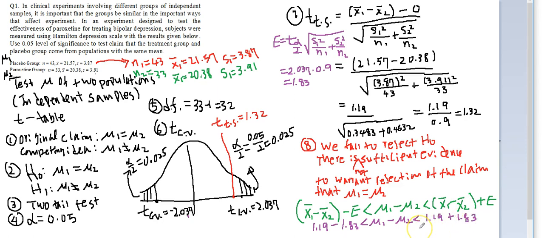Now let's look at the left hand side. We have 1.19 minus 1.83. I have minus 0.64, and for mu1 minus mu2, you got 1.19 plus 1.83. I have 3.02.